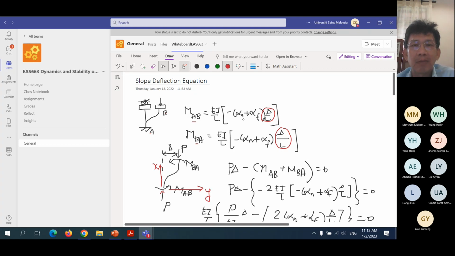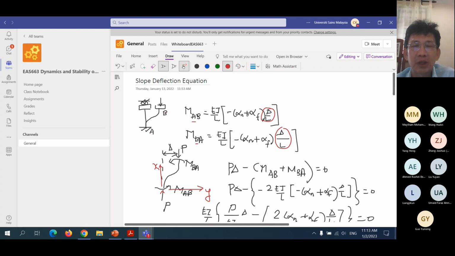Now, if you recall the slope deflection equation method, we are going to have end rotations 0, so the only term that remains is this term here.